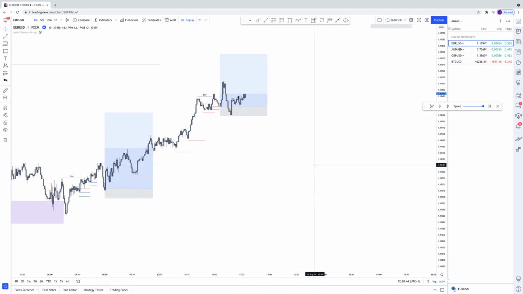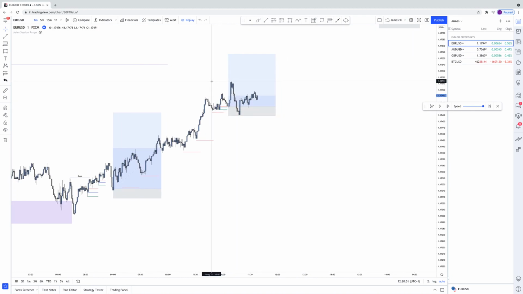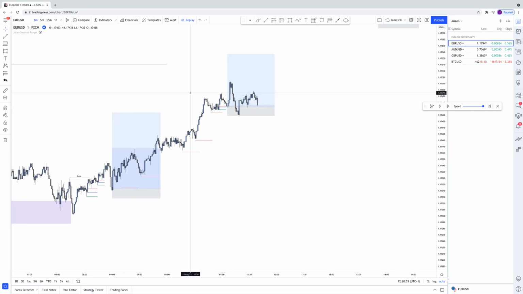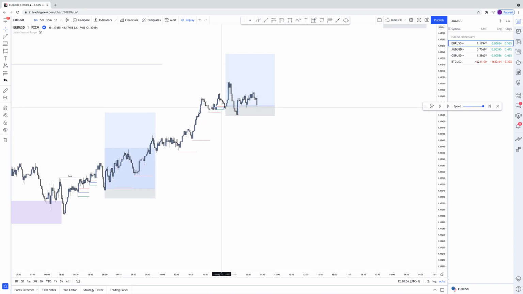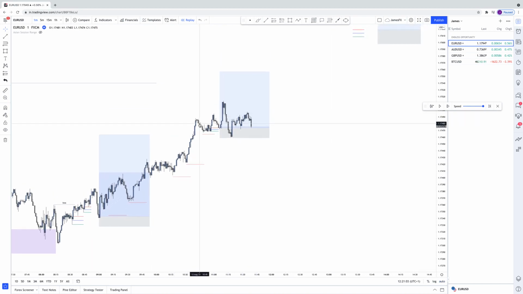So if we carry on, we broke structure, let's just delete this off for now. Okay, and let's continue. So the reason why price came down to take that low is, we have this move that continued up quite aggressively, and we have a candle here, and we put in a higher high, higher low, higher high, higher low, higher high.